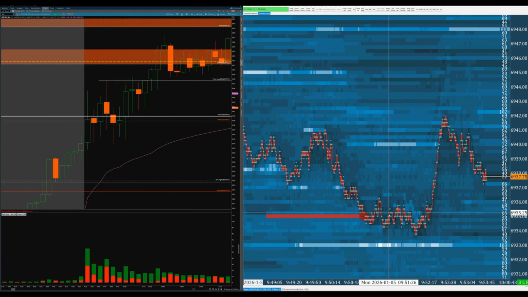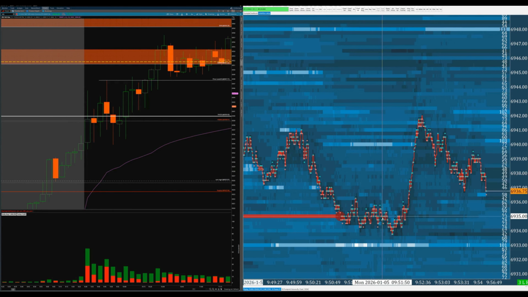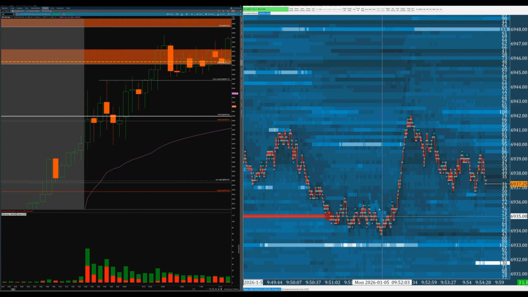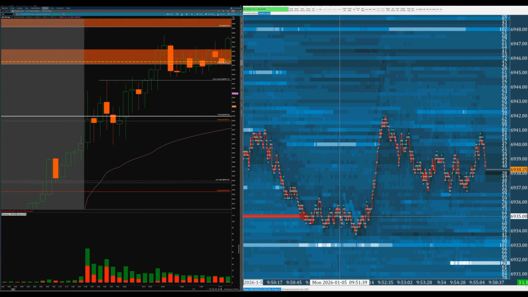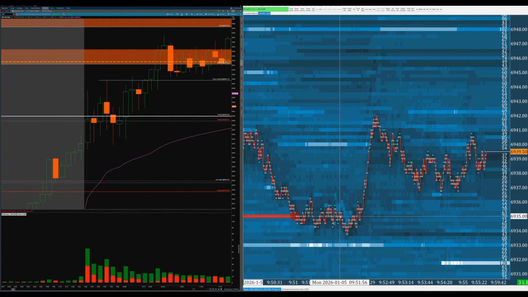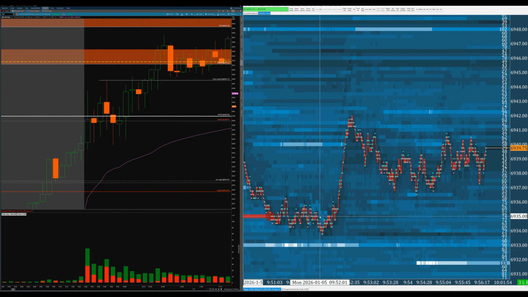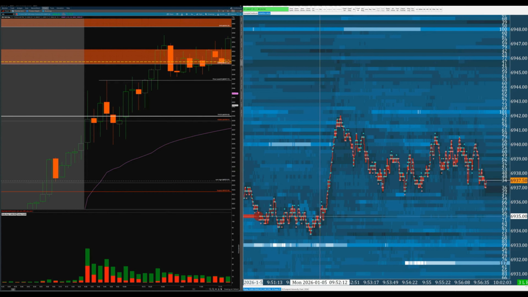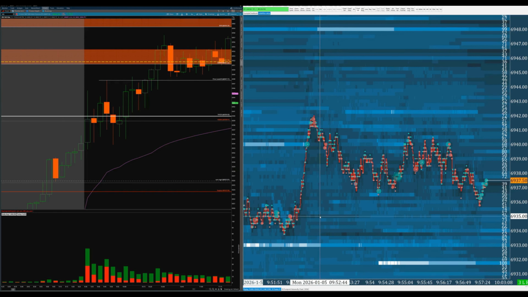So right here, most traders are shorting over here, but if we're patient and if we wait, as a result of looking at the order flow, and since we infer that this is a buyer, reasonably so, we can wait for a pullback. And when price pulls back into this level, watch what happens. It's going to happen soon.